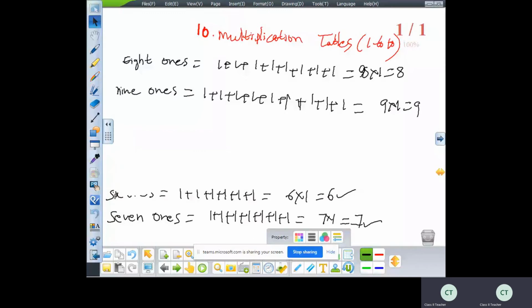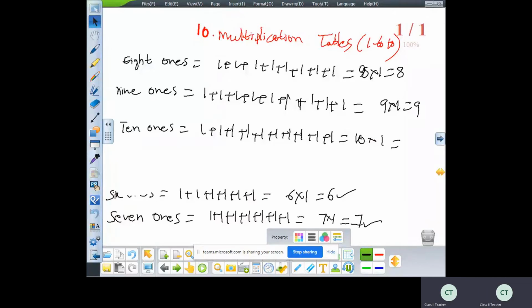Now 10 ones. Here 1 is repeated 10 times. 10 ones are 10.